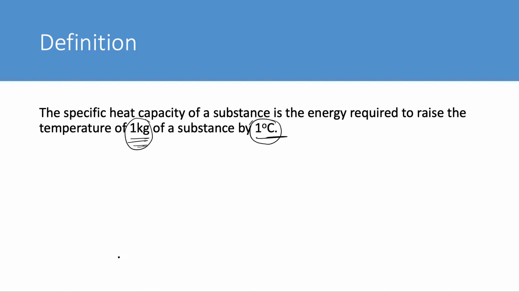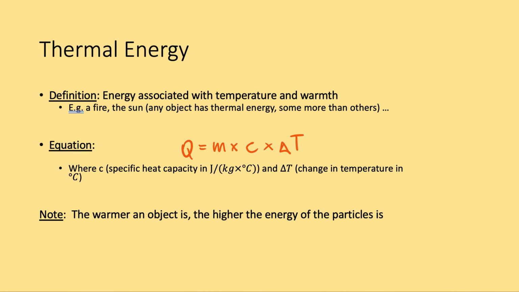The higher the specific heat capacity, the more energy the object has in its thermal energy store. So the higher the specific heat capacity, the more energy which is being put in and the more energy it has in its store.